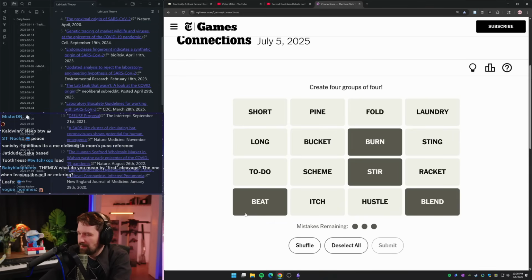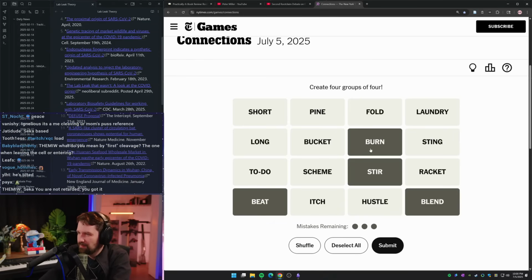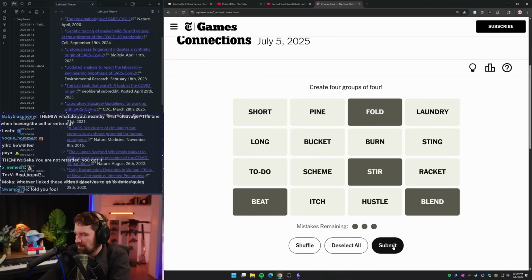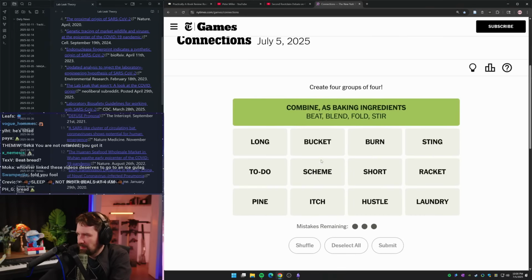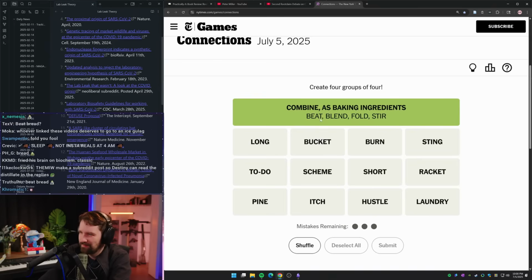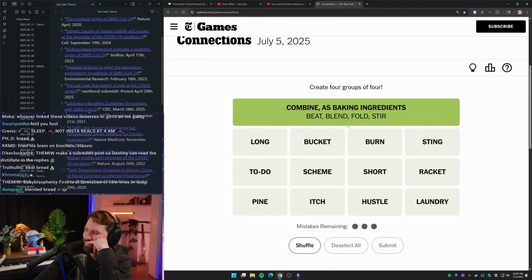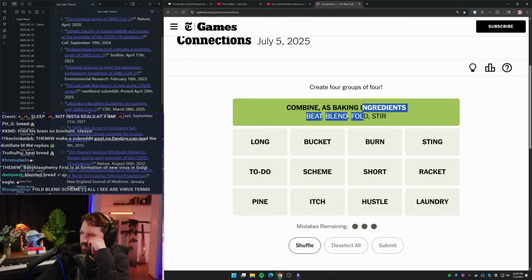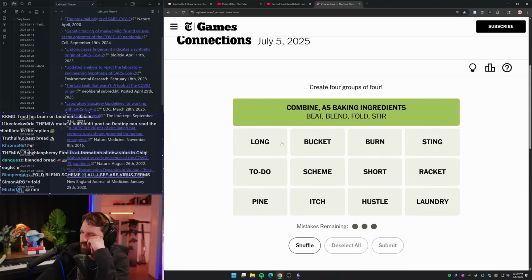Blend, stir, beat. Eggs? Folded eggs? That's like a thing, right? I'm a god. As baking ingredients, okay. I think you could technically do all of these to eggs. Beat eggs, stir them, blend them in a blender, and fold. An omelet. That's what an omelet is, right? Okay.